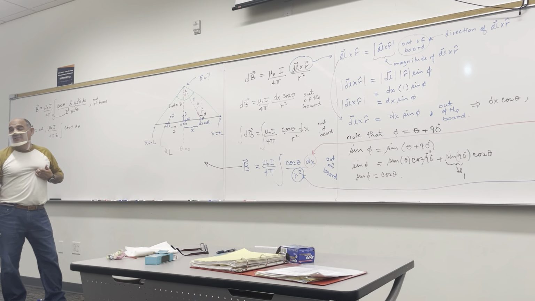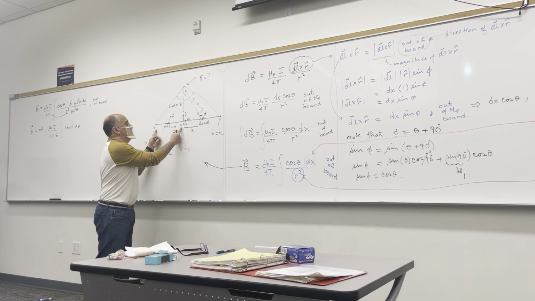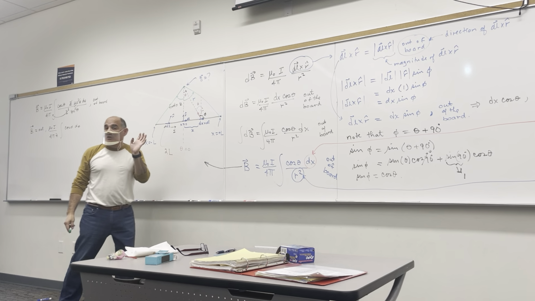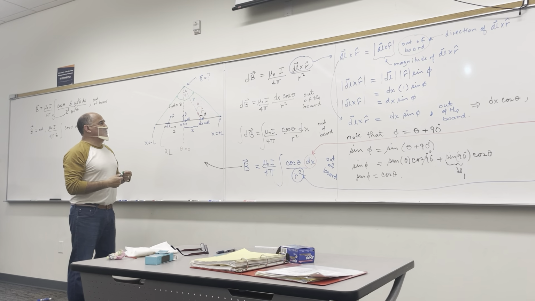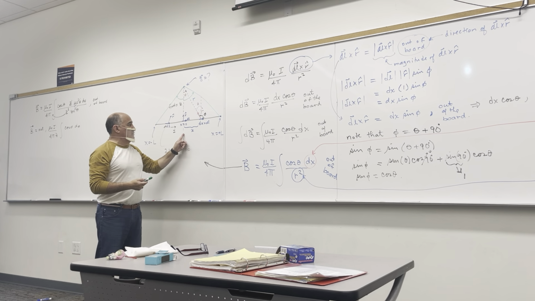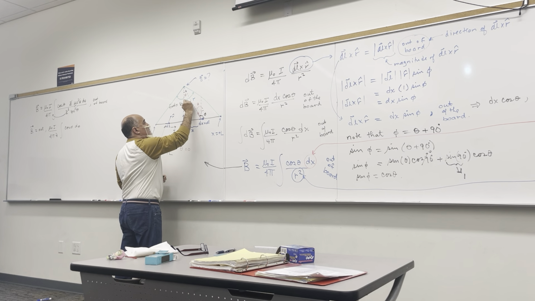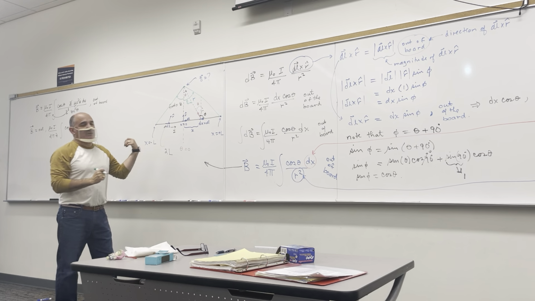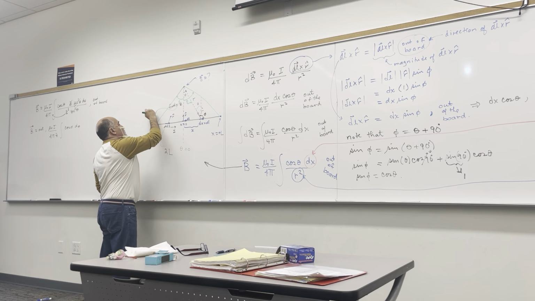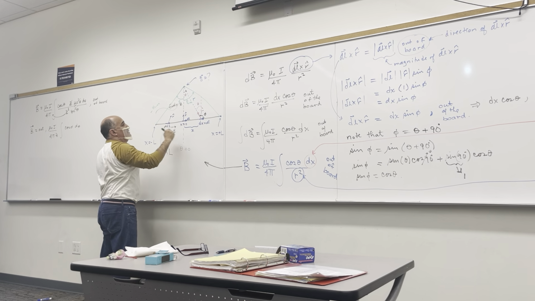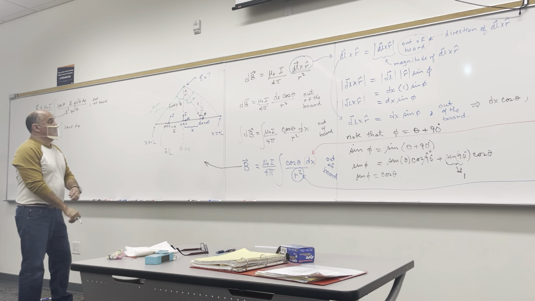And because we are above the midpoint, the contribution from this half is going to be equal to the contribution from that half. So I could just integrate from theta equals 0 to theta equals this value here, which would be theta max, right? And then multiply by 2. Or I can do it from minus theta max to theta max.